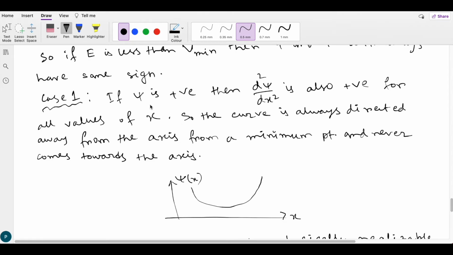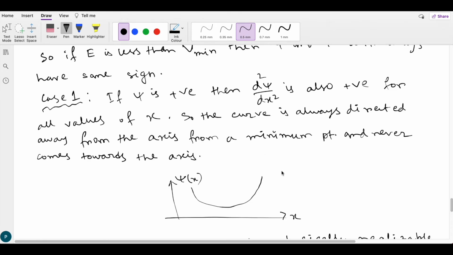Case 1 is, if psi is positive, then the second derivative is also positive for all values of x. So the curve is always directed away from the axis.